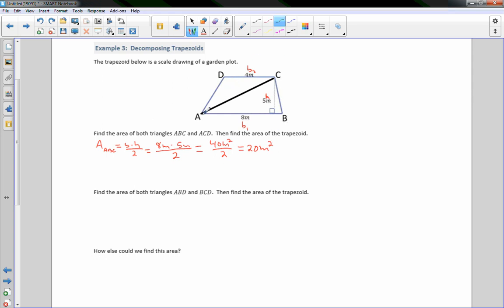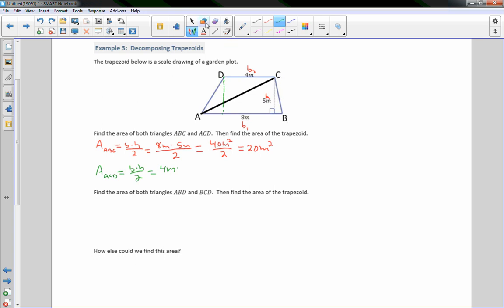Now we have triangle ACD. The area of triangle ACD equals base times height divided by 2. Now the base of this triangle is 4 meters, and the height, which would be this as well, is 5. The height has not changed.